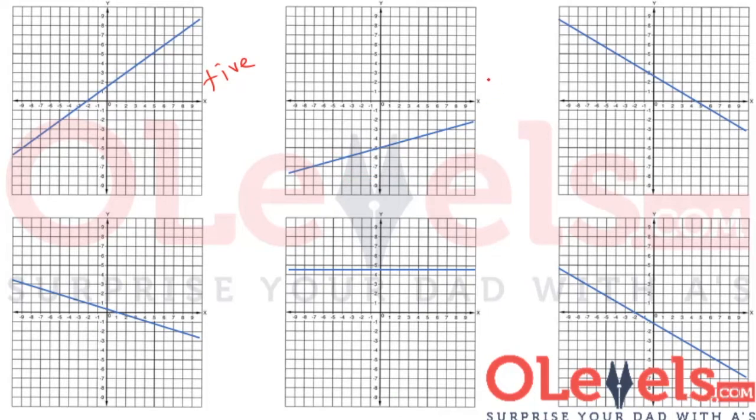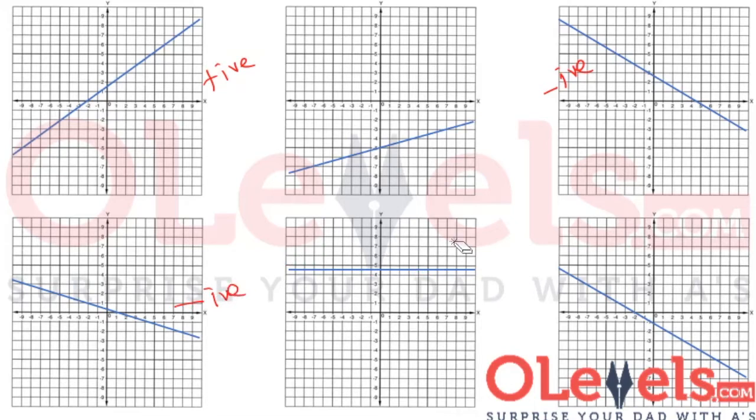So the gradient of this line also must be positive. Now let's look at this line. This line is falling downwards as we move towards the right. So the gradient of this line must be negative. This line also falls downwards as we move towards the right. So the gradient of this line must also be negative.